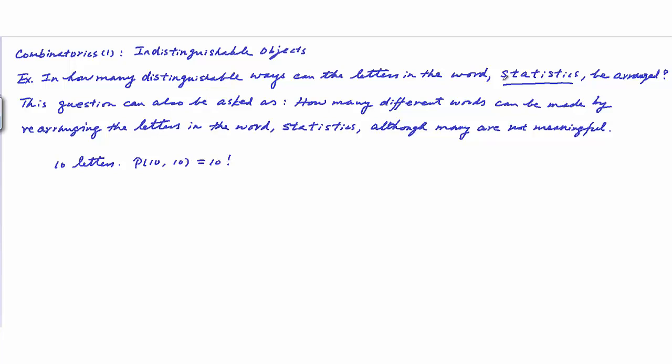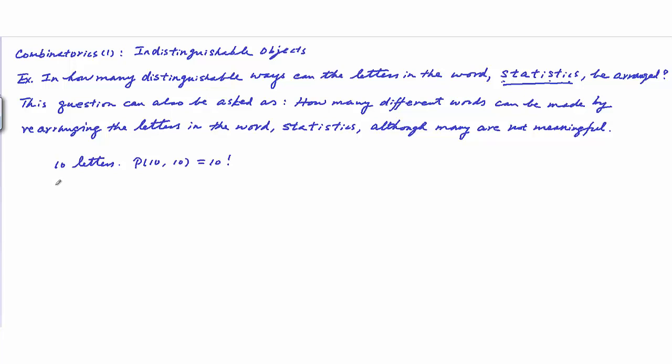However, we know that by rearranging them, some letters, like S, when you move them, we do not get new words. So we need to exclude those made by rearranging S, or rearranging T, or rearranging I. We need to know how many rearrangements of S, T, or I do not give new words.